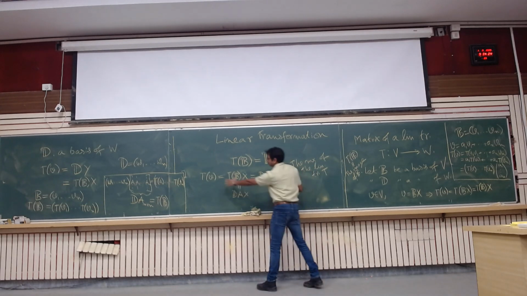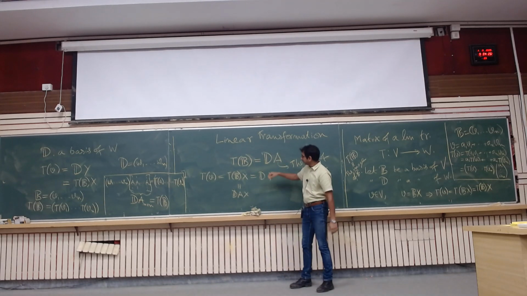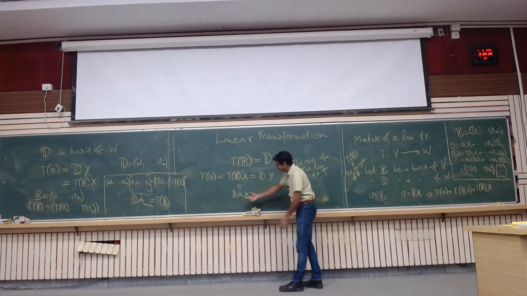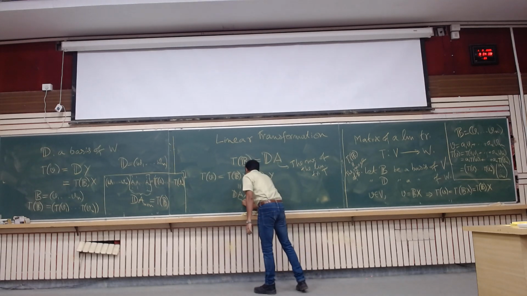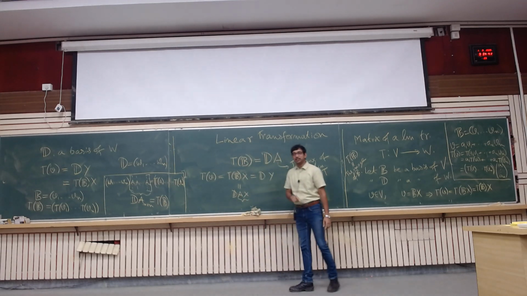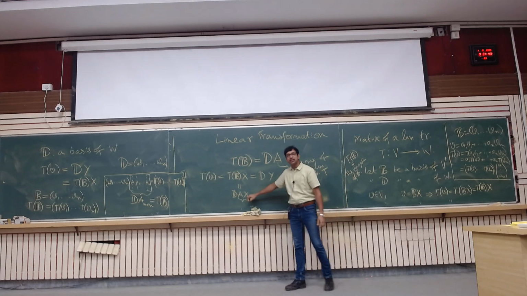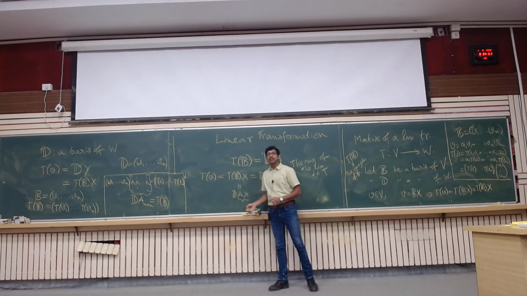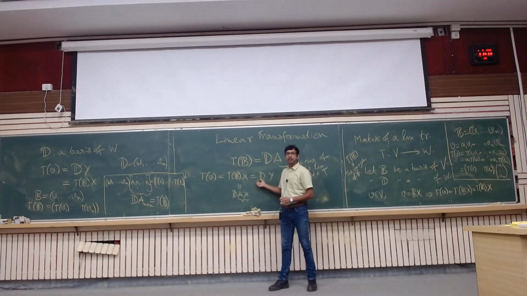That is, we said that we can always represent TV by a unique linear combination of the elements of D. Unique linear combination. What does it mean? You are expressing it in this manner and this manner as well. Yes, because the expression should be unique, right? The linear combination is unique because D is a set of linearly independent vectors. If there were two different linear combinations expressing the same thing, then this would not have been linearly independent.